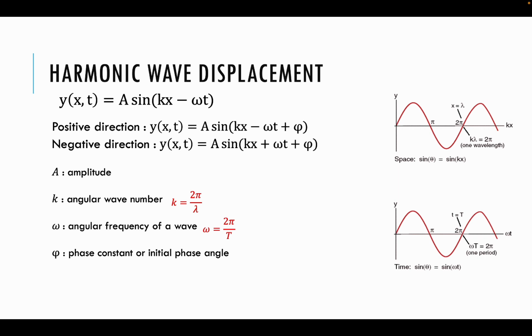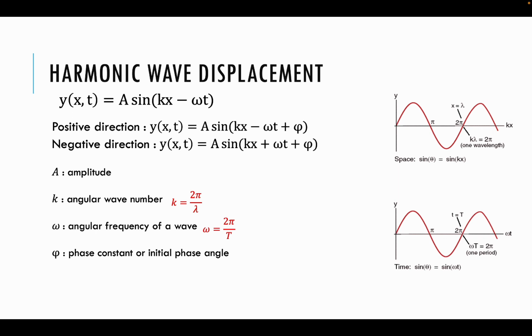If at t equals 0 and x equals 0, the displacement y is 0, then φ equals 0 or π. If at t equals 0 and x equals 0, the displacement has its maximum value, then φ equals π over 2.